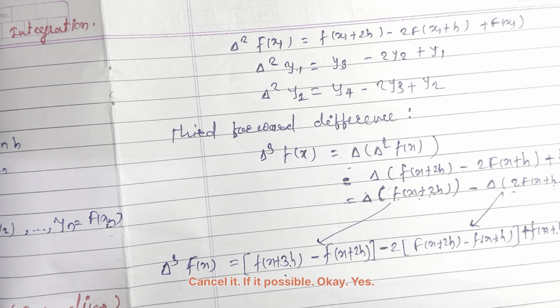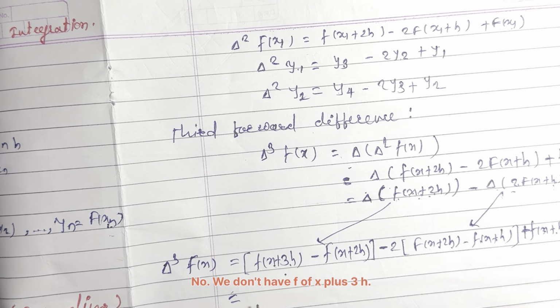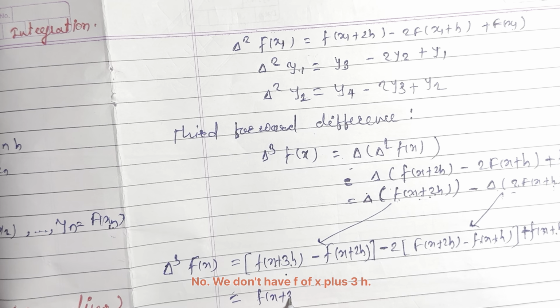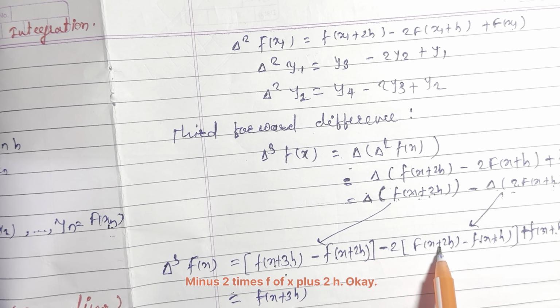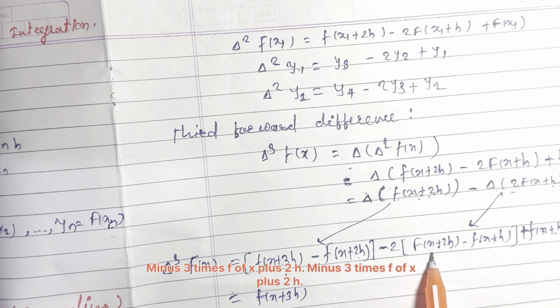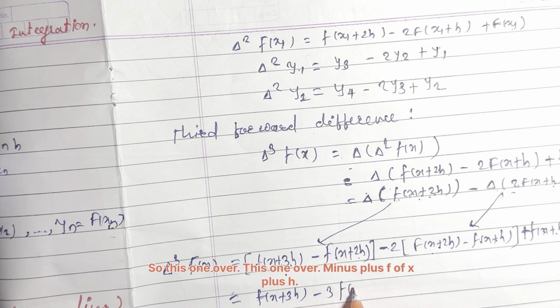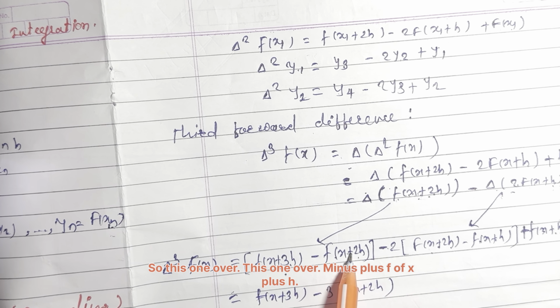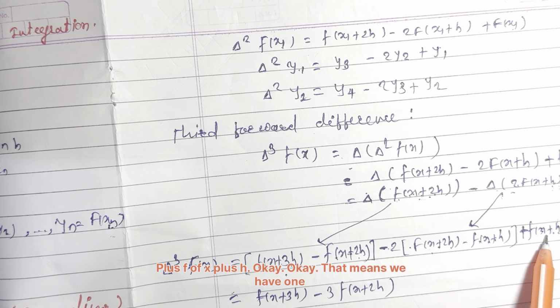Now see, is f of x plus 3h there anymore? No, we don't have f of x plus 3h, so we write it only once. Then minus 3 times f of x plus 2h. This one is over, this one is over, minus plus f of x plus h plus f of x plus h.